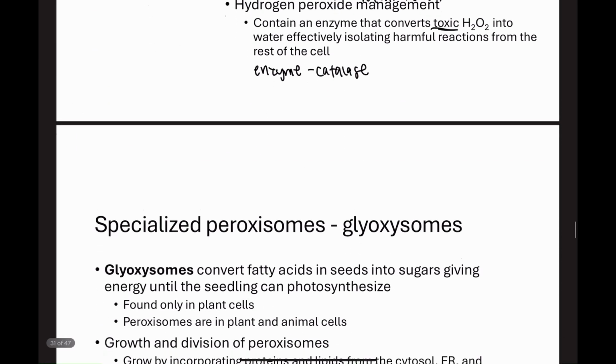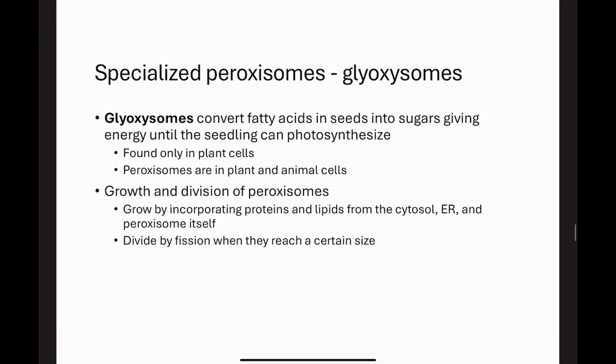These specialized peroxisomes are going to be found in plant seeds. They're going to convert fatty acids in seeds into sugars, which is going to provide them with energy and carbon until that little seedling can perform photosynthesis on its own.